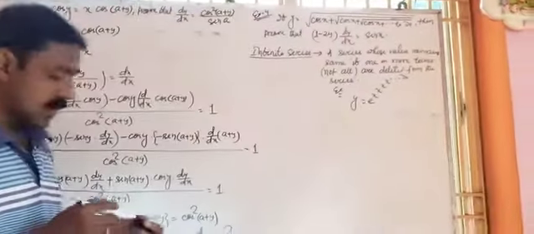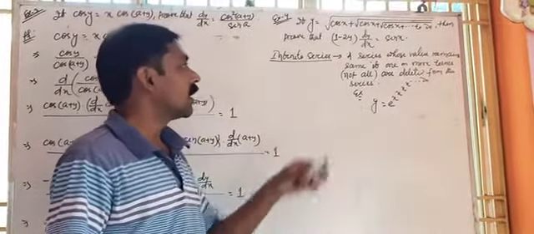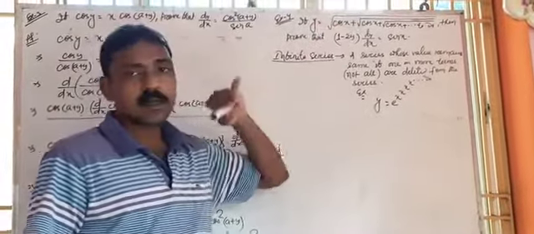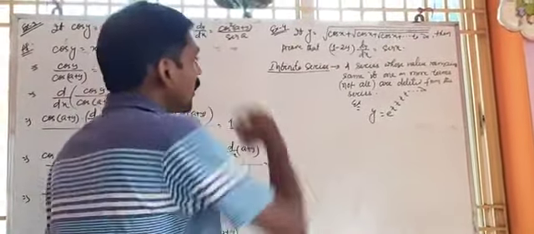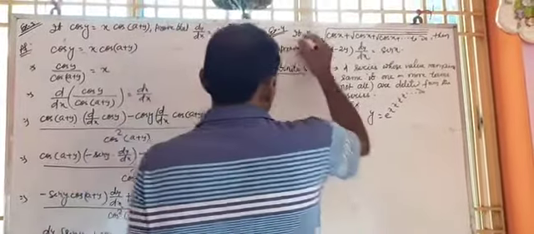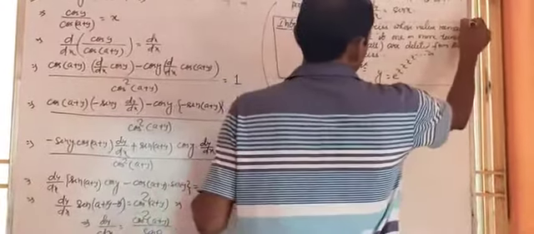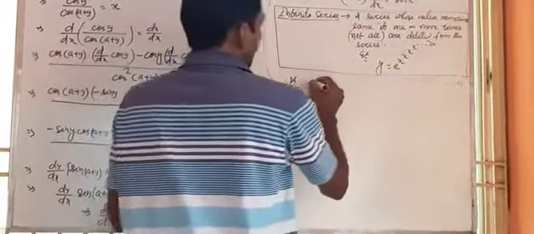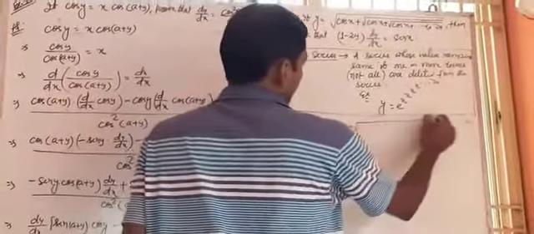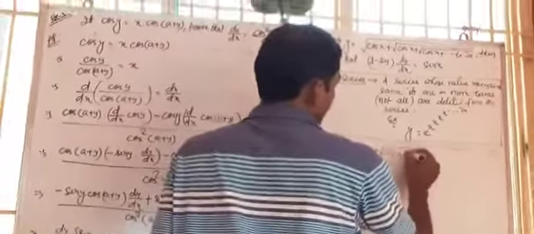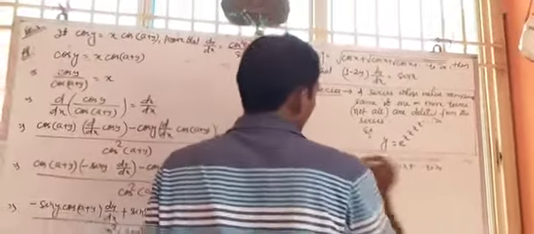And what is the method to find the derivative of this type of function? Here y is this, so we can write it in terms of y. So the solution, we now come to the proof. I have to prove this. y equal to the square root of cos x plus square root of cos x plus square root of cos x up to infinity.